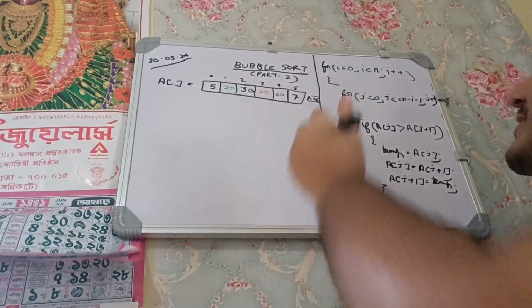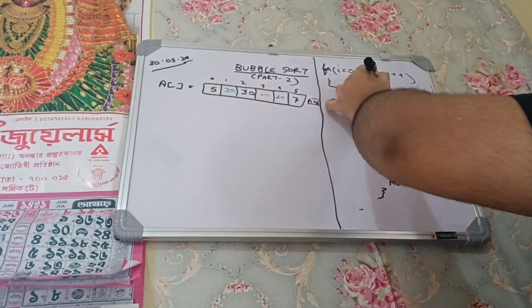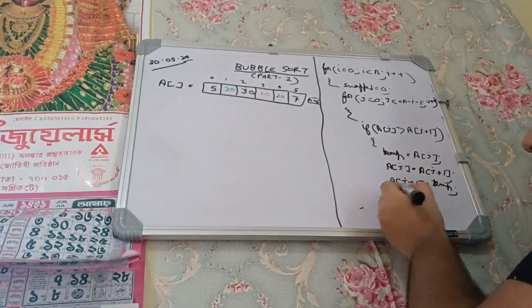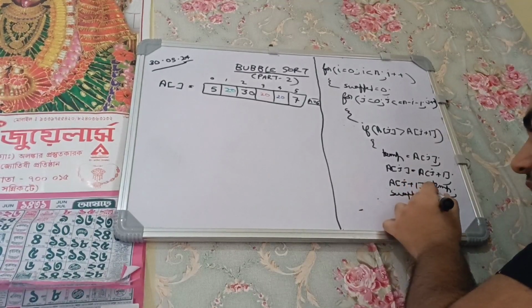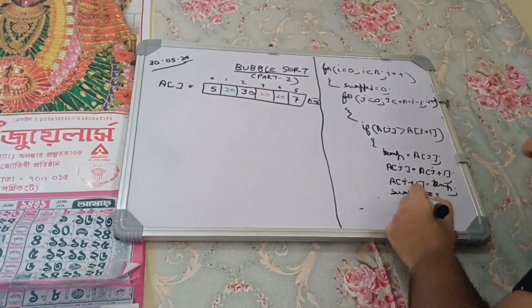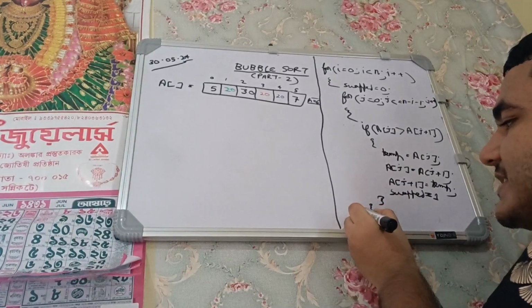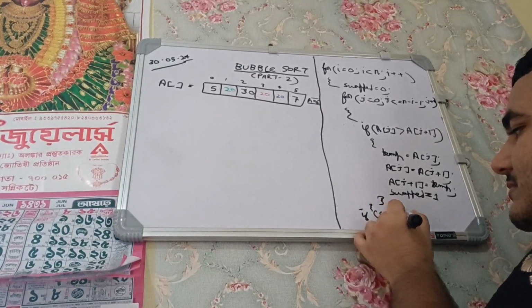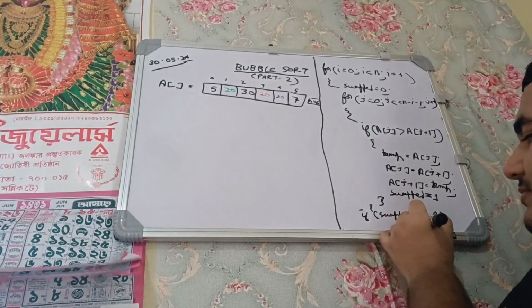So swapped equal to 0, because we are considering the optimized form of bubble sort, right? Swapped equal to 1 if swapping happens. Closing of j loop, if swapped equal to 0, then we can terminate.